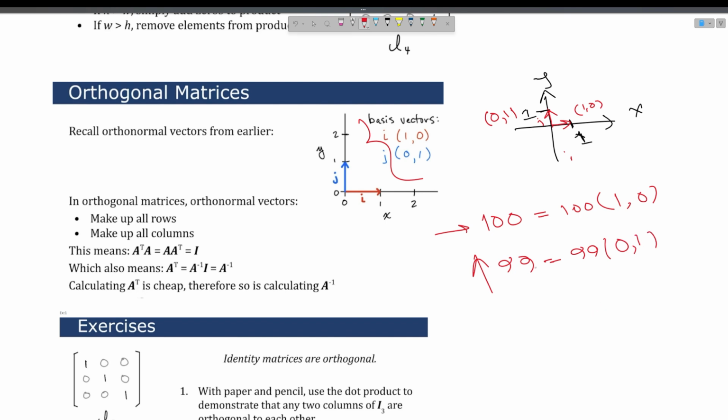And if we add this up, for example, maybe there is a vector, and in the x-axis it's 100, in the y-axis maybe 99. So you can easily use 100 into 1, 0 plus 99 into 0, 1.